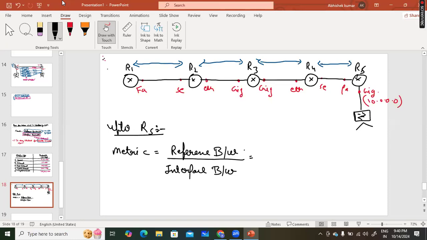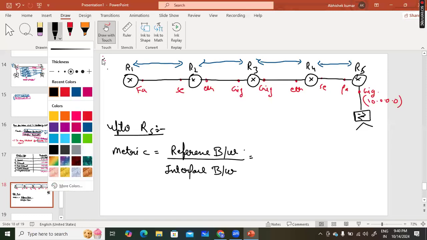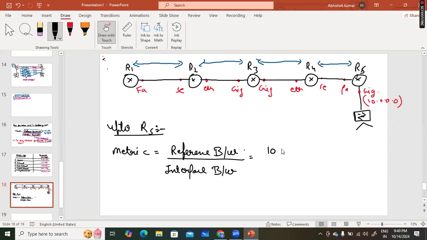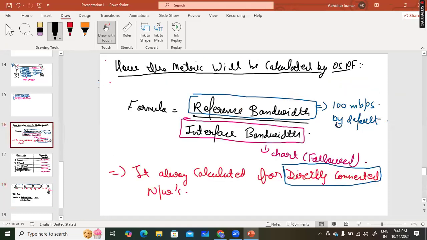Very good. 100 Mbps. I think it was Mini, if I'm not wrong. Yes, that's 100 Mbps by default. Just see here what is written. 100 Mbps by default is your reference bandwidth.